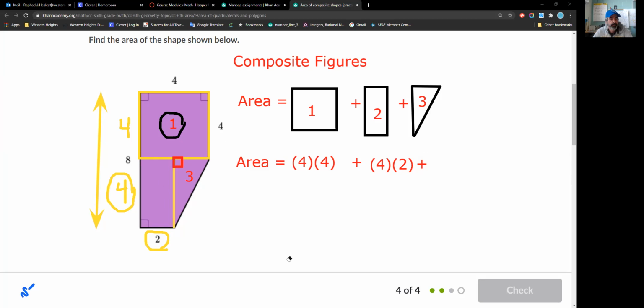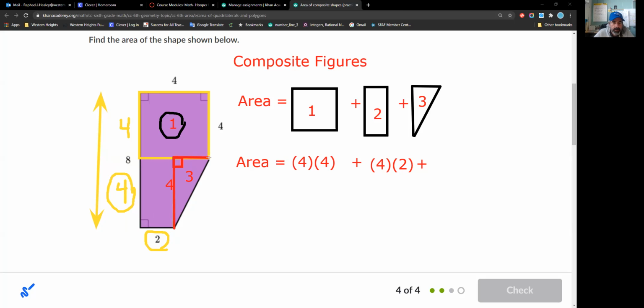So if this is 4, as you can see right here, this is 4. So that means this is 4. Do you see how I line it up like that? Oh, cool. So let's put a 4 there.